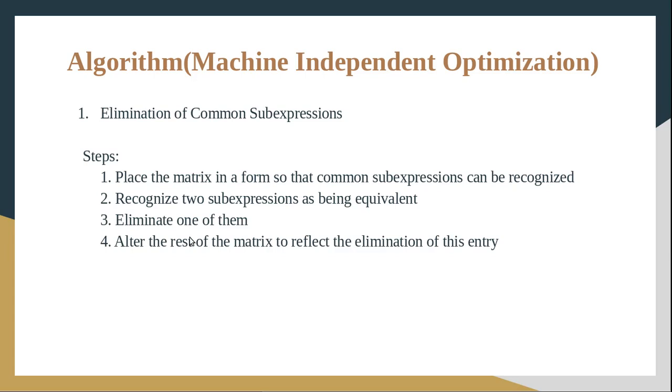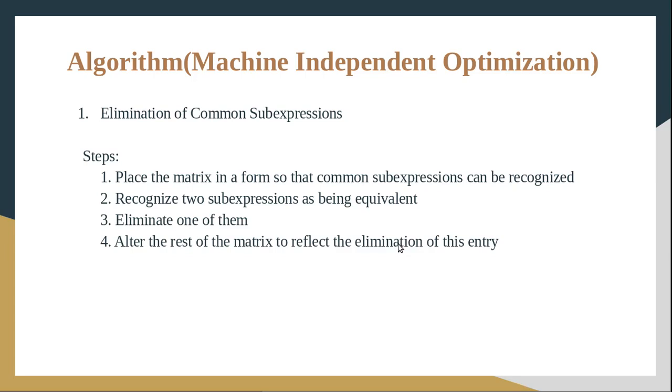Once we eliminate this duplicate sub-expression, the last step is to alter the rest of the matrix to reflect the elimination of this entry. That means all entries that were referring to the deleted entry have to be modified, and they have to point to the common sub-expression.